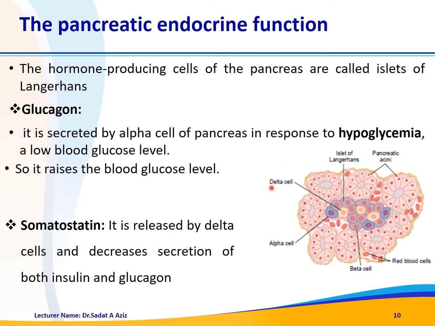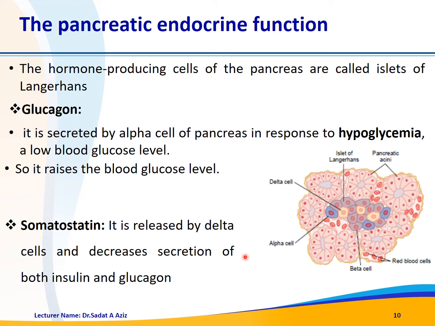So the second hormone, which is secreted by the endocrine cells of the pancreas, is called somatostatin. It is released by the delta cells of the pancreas, and it regulates the secretion of what? Of insulin and glucagon. So somatostatin is responsible for the regulation of insulin and glucagon.